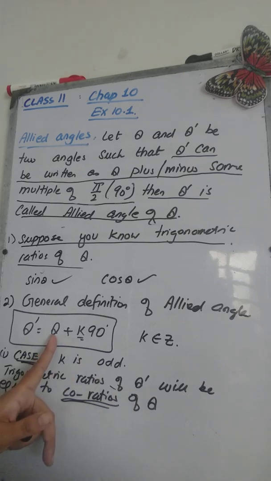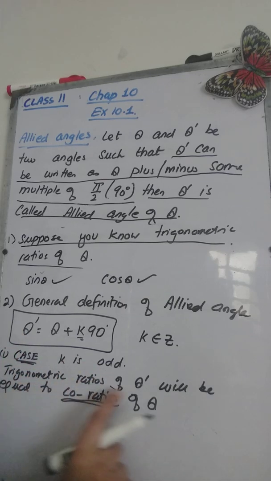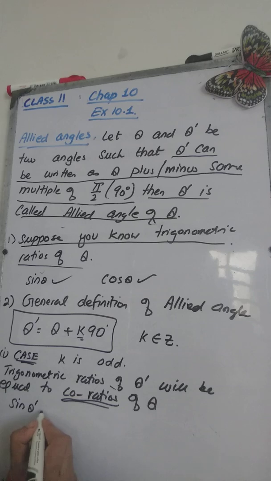If you know the trigonometric ratio of theta, you can find the trigonometric ratio of theta dash with the help of this property. If k is odd, then the sine of theta dash will be equal to plus or minus the co-ratio of sine. We will decide the sign with the help of the quadrant in which theta dash lies.